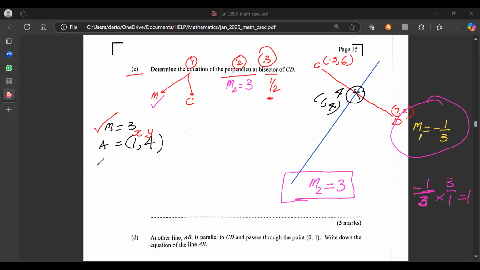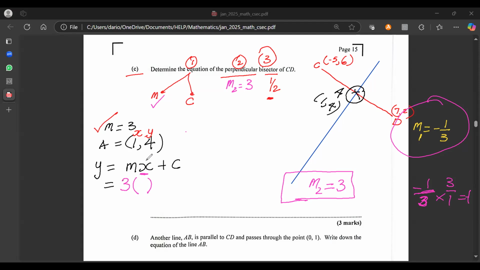So here we go. Write the equation Y equals MX plus C. Do we know what M is? Yes, M is 3. Do we know X? Yes, X. I'm putting a bracket because it's M times X, and the bracket means multiply.